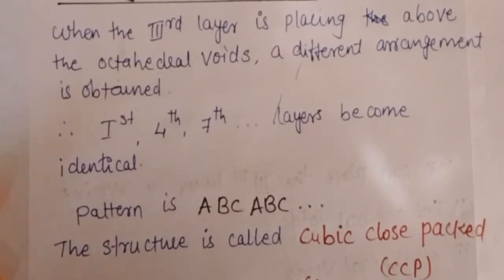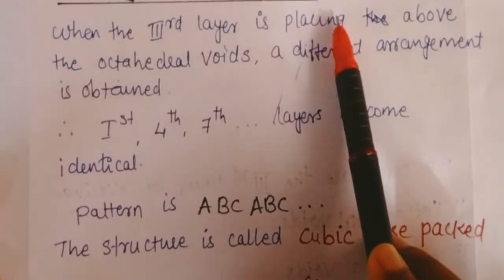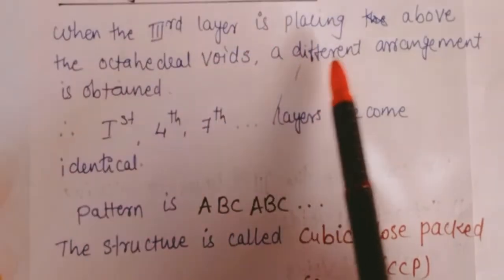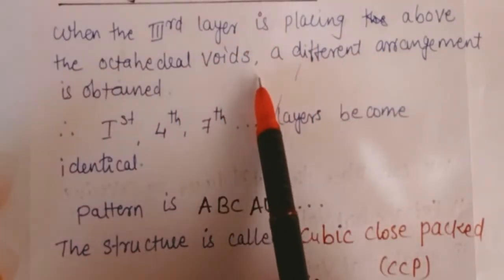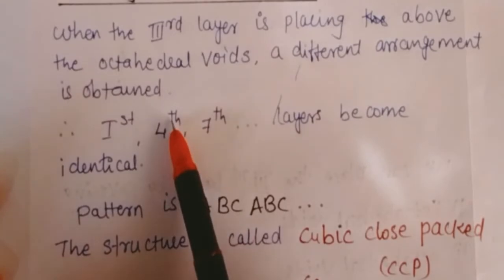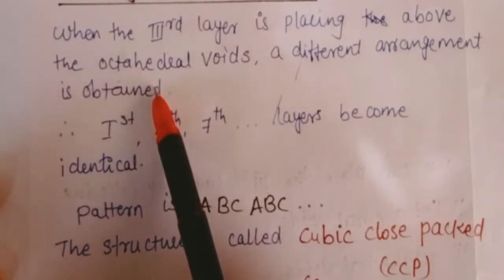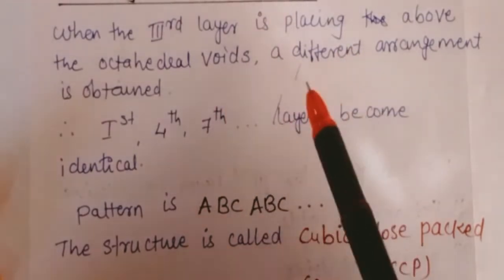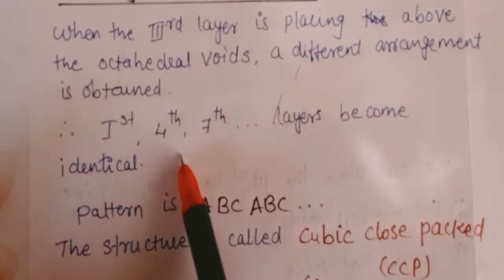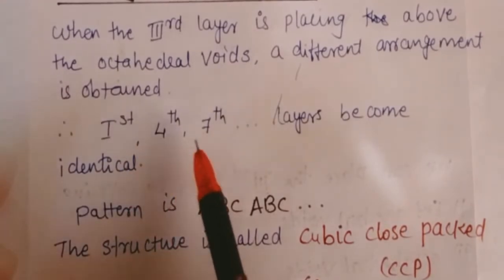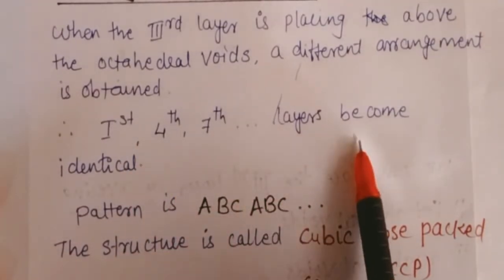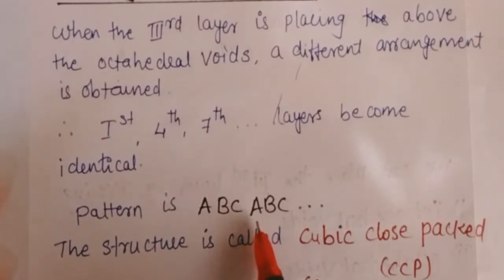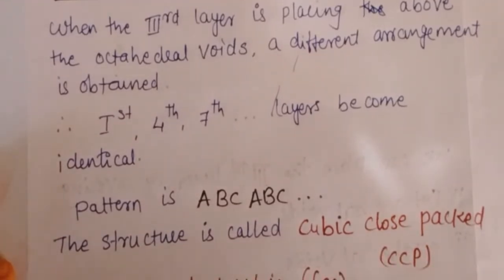And the next one is covering the octahedral voids. When the third layer is placed above the octahedral voids, a different arrangement is obtained. The first, fourth and seventh layers become identical, and the pattern is ABC ABC, etc. The structure is called cubic close packing or face centered cubic, FCC.